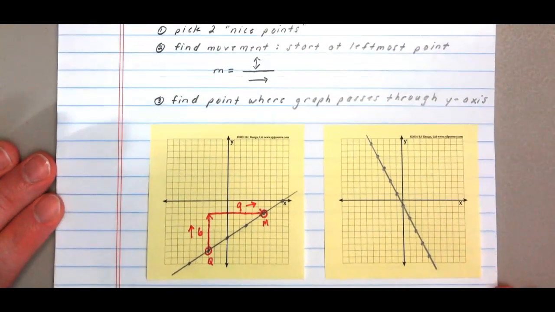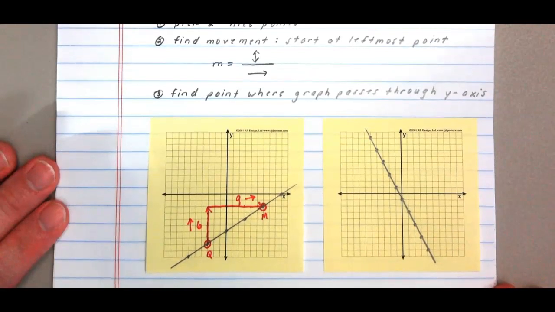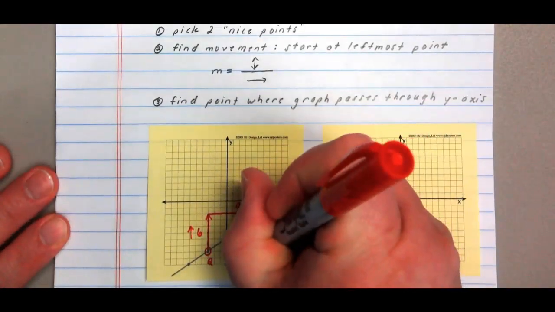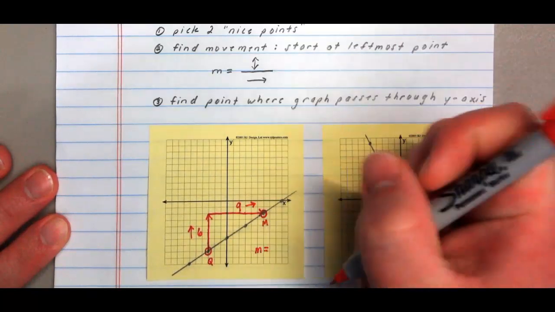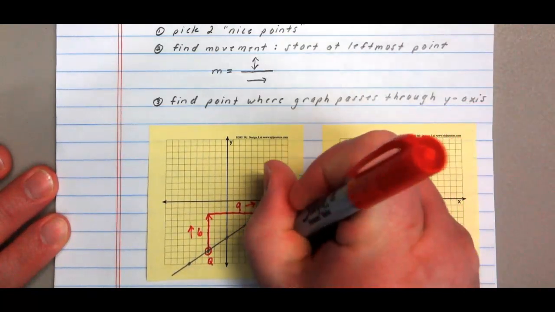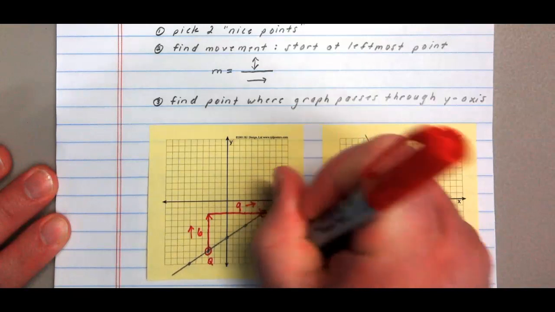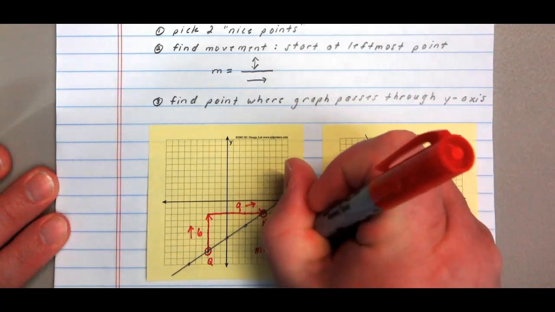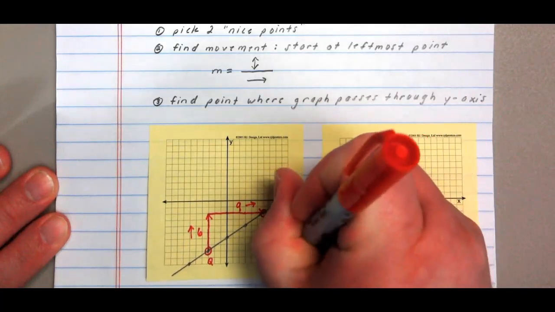So to figure out our slope value here, we can say that our slope, our m, is equal to 6 over 9. Up 6, right 9. And it's a positive 6 because we're going up. And if we simplify that, 6 divided by 9 turns into 2 divided by 3.